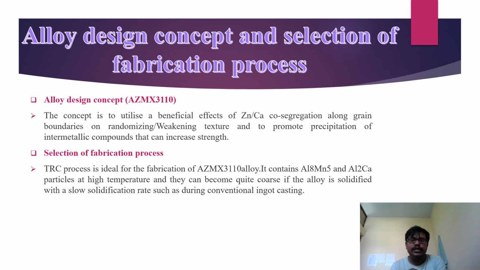So in this case, we tried twin roll casting. In twin roll casting, there is rapid solidification, and rolling is being done along with the solidification. The molten magnesium alloy is directly put into the roller, and that roller is moving, and along with the movement of the roller, the magnesium alloy is getting solidified, and at the same time rolling is being done.